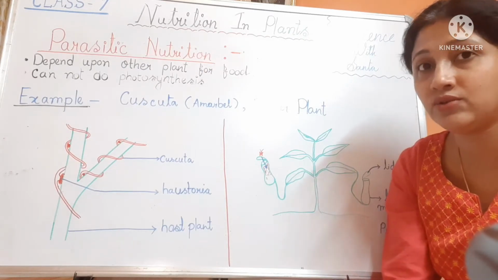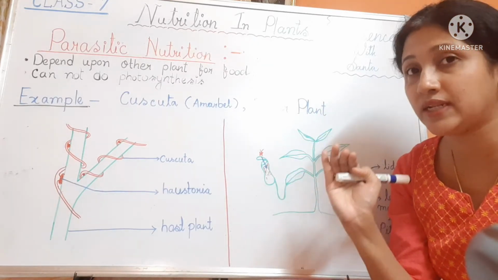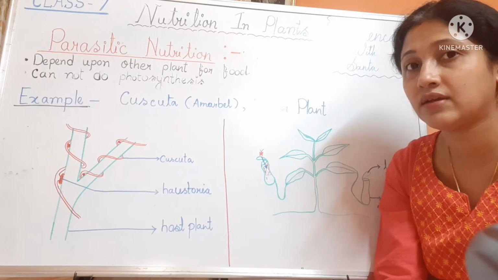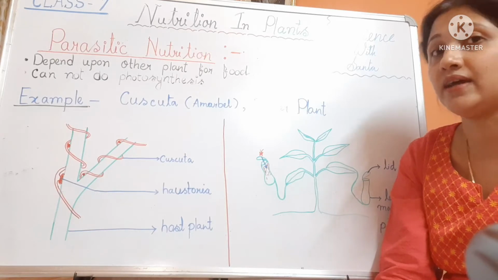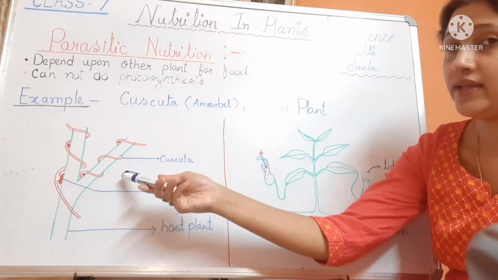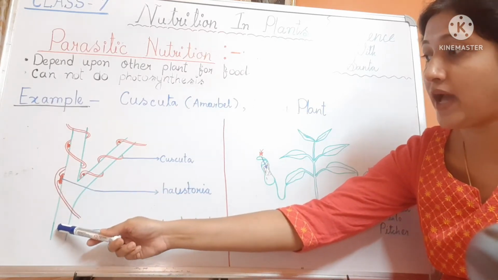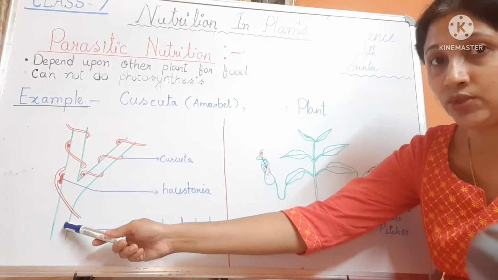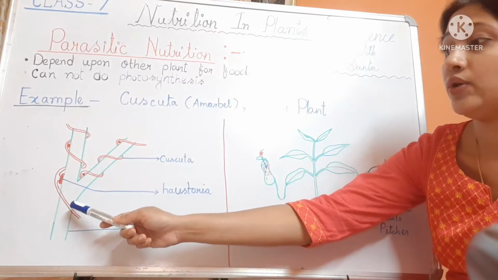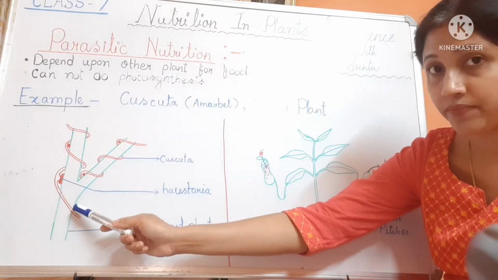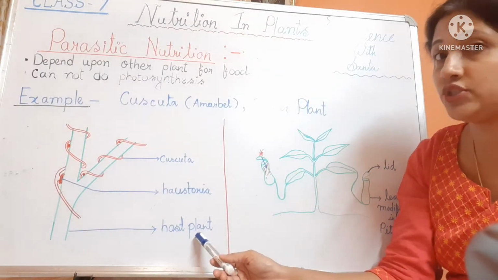Those yellow structures are actually a plant, and these are Cuscuta. As you can see in this picture, this is the plant on which the Cuscuta grows. The plant from which the Cuscuta takes its food or nutrition is called the host plant.